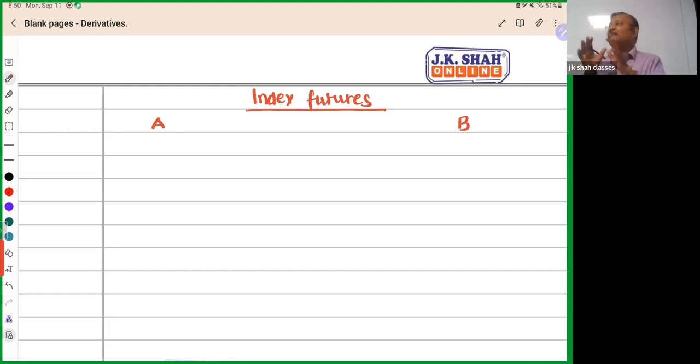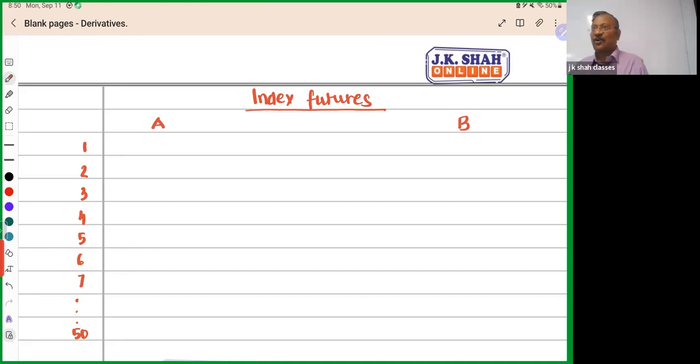Now, I'm the financial advisor to both of them. So I tell A that, boss, look, you want to build a diversified portfolio, no? So then do something. You buy all the 50 stocks of Nifty, right, in the same proportion as those stocks have got weightage in Nifty.